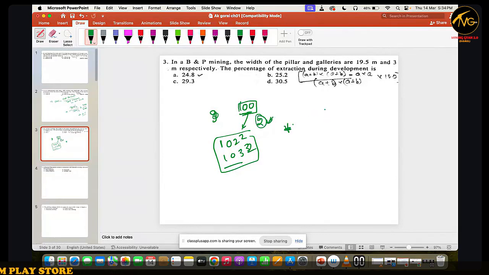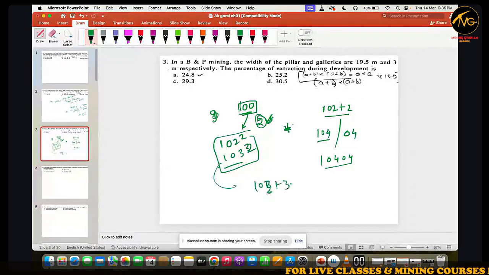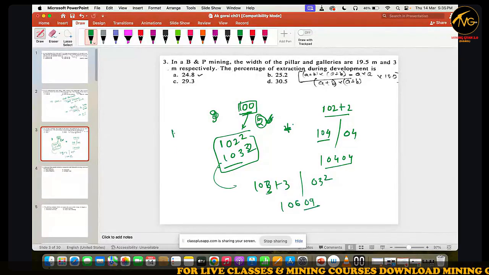Remember this 2. So 102 add 2 is 104, and then square this 2, which is 04. Answer will be 10404. Like this, 103 plus 3, and 3 square is 09, so 10609. If you want 104 square, so 10816.